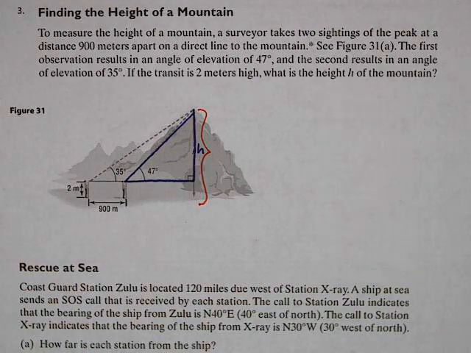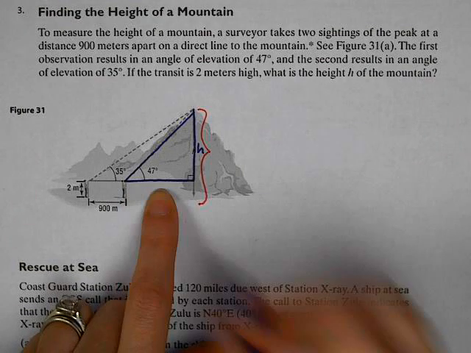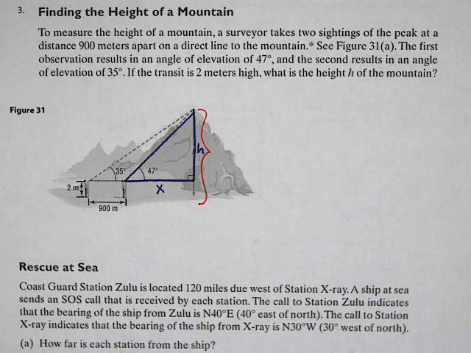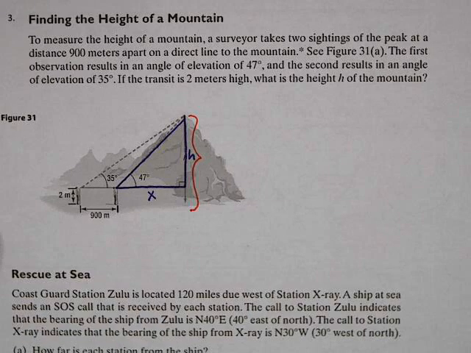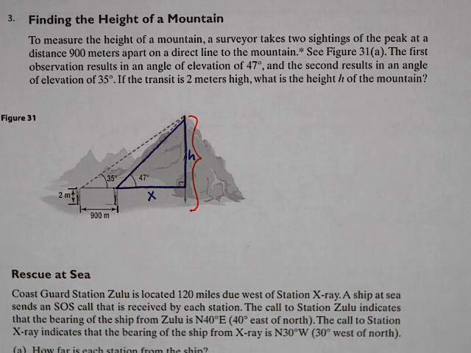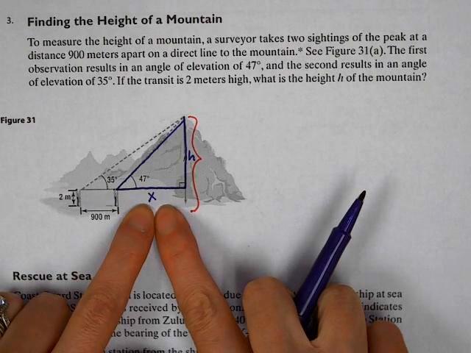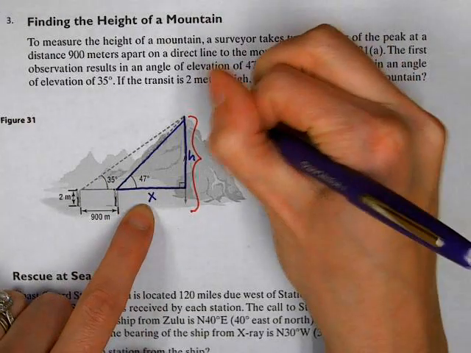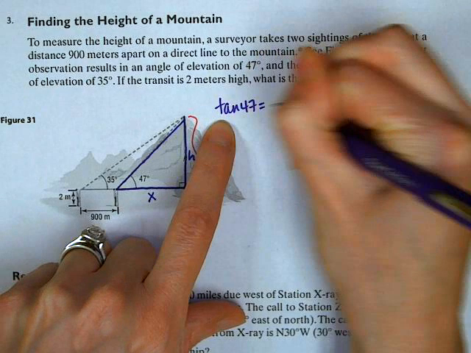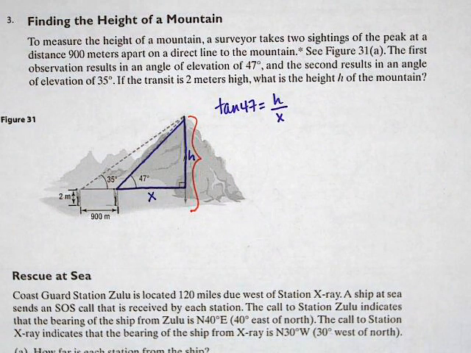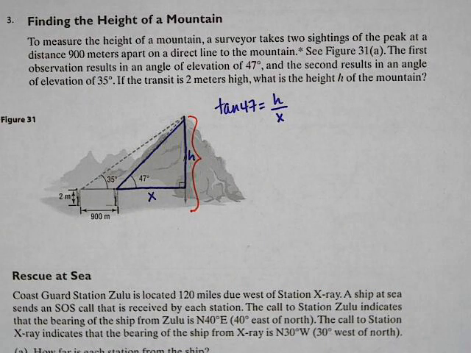Now, the only bad news is we don't know what this is, so we're just going to call it x for now. All right, so let's just set up a trig ratio in terms of h and x. So from 47, this is opposite and adjacent, so that's tan. So we have tan 47 equals h over x. Unfortunately, there's no way to solve that, so we're just going to stop there for now.